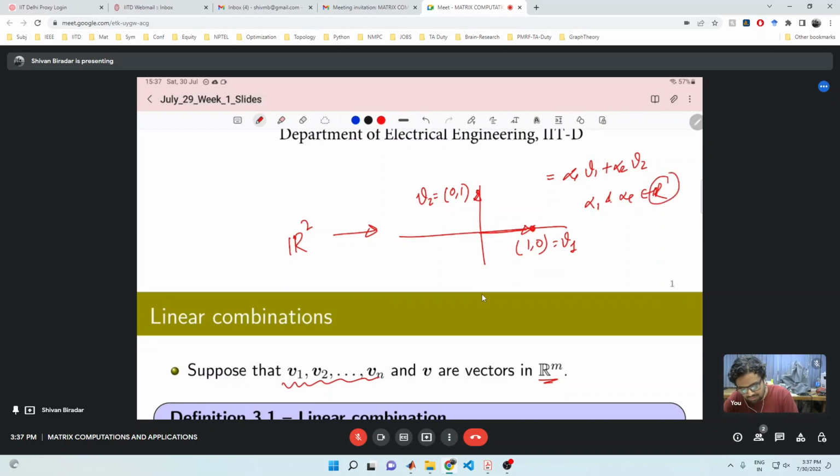So this R means alpha 1 and alpha 2 are coming from this line. The linear combination basically means that I'm multiplying a scalar with a vector and then adding them. So this is called the linear combination.